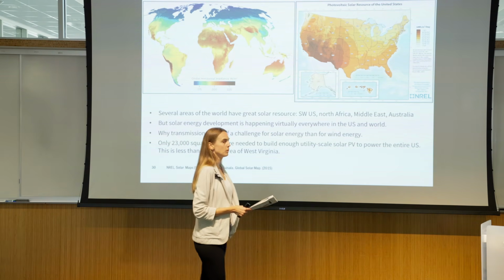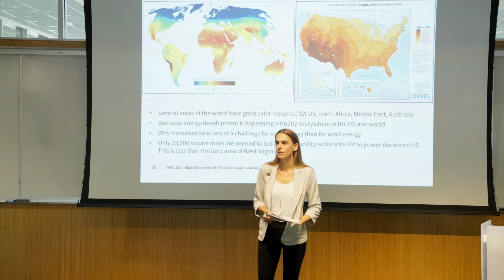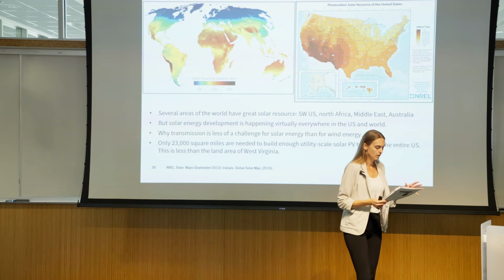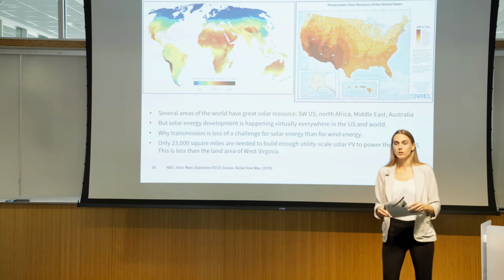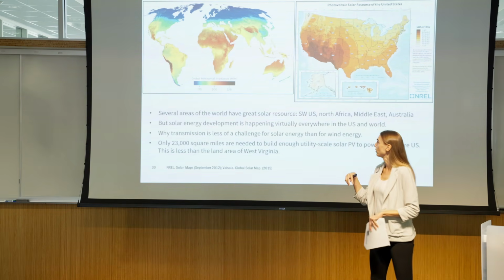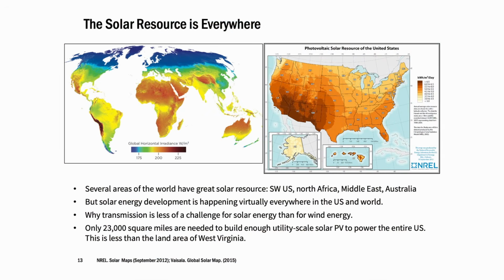So a few important terms that I want you to know about related to the solar resource. The solar resource can be measured in terms of irradiance, which is the amount of energy that hits a particular surface area when the sun is at a 90-degree angle to the Earth. So irradiance is measured in watts per meter squared. And the map that you see here on the left is showing irradiance worldwide.